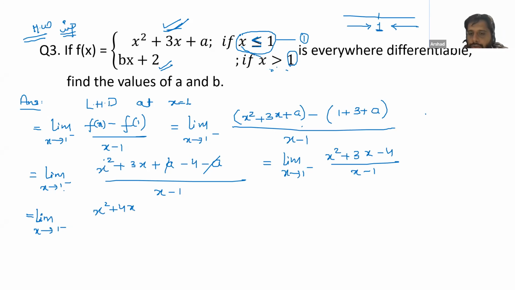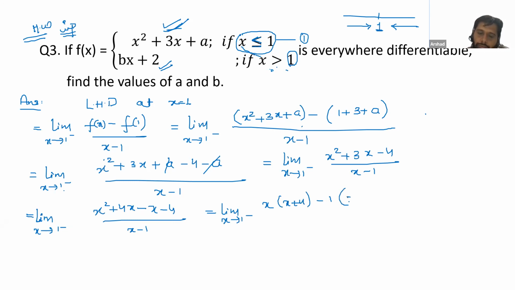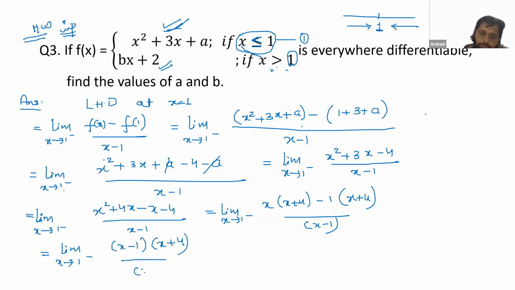You have both the options. Either you can put 1 minus h here and then open it, or you can solve it this way. So it's your wish. Take x common, x plus 4 minus 1 common, so (x minus 1) into (x plus 4) by x minus 1. This will cancel out.